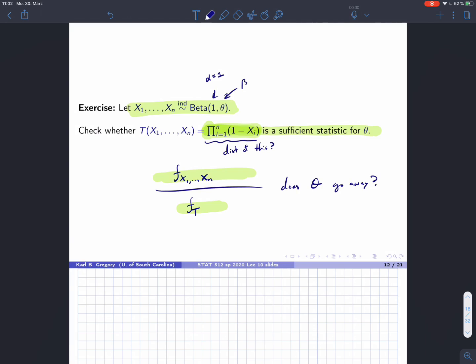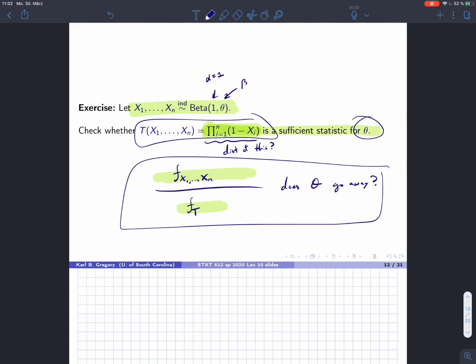We only have one parameter here, this theta that we don't know, and we want to see if this is sufficient for theta. So we would be asking, does theta go out of this ratio? But in order to even write down the ratio, we would have to find the PDF of this thing.